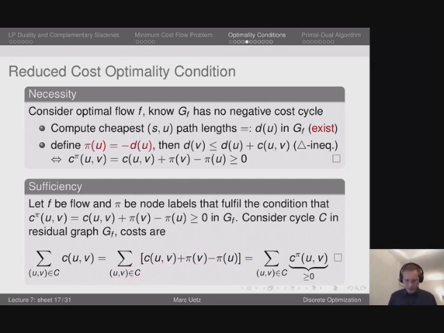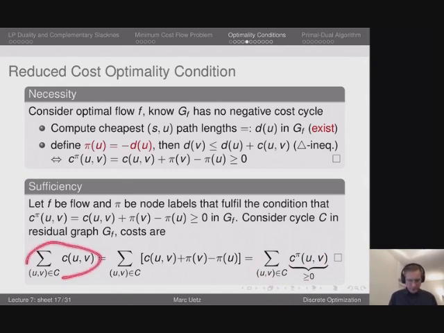So this is equal to the sum along the cycle of all the reduced cost coefficients. They are all non-negative, so therefore the whole sum is non-negative.